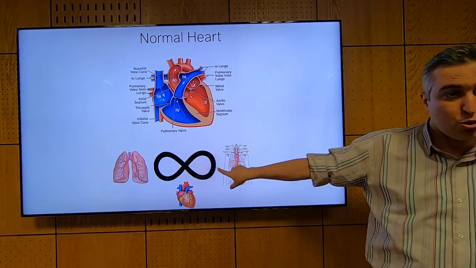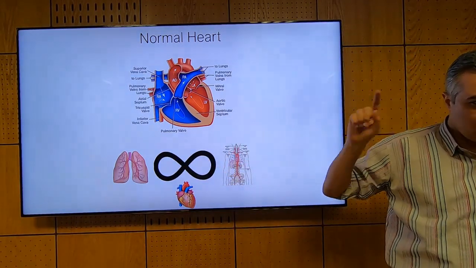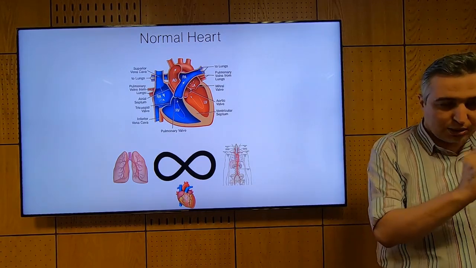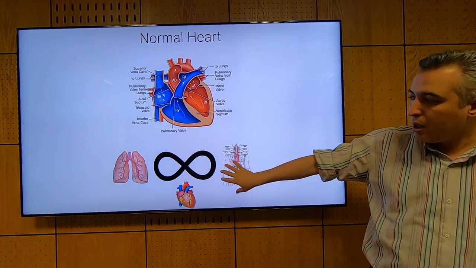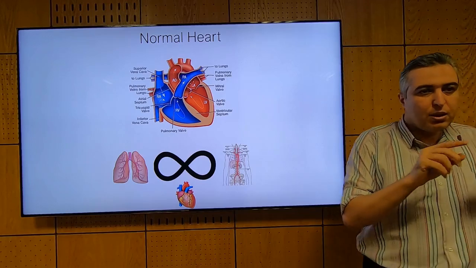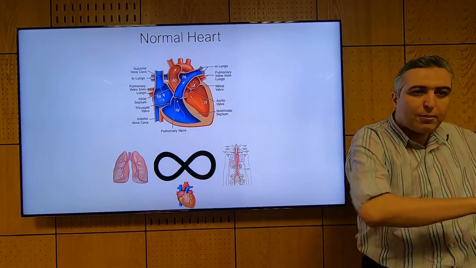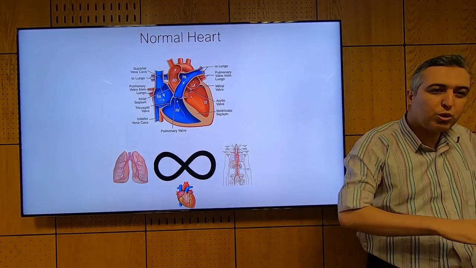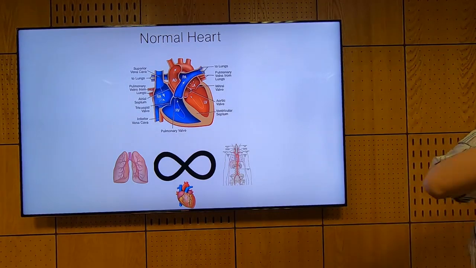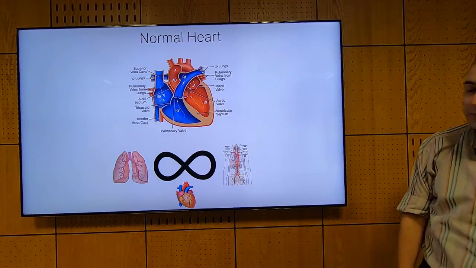So the systemic circulation also will stop. Can you get this? Yes. I'm just stressing the fact that to go to the systemic circulation, you have to come back from the pulmonary circulation, and to go to the pulmonary circulation, you have to come back from the systemic circulation, and you keep going like that.